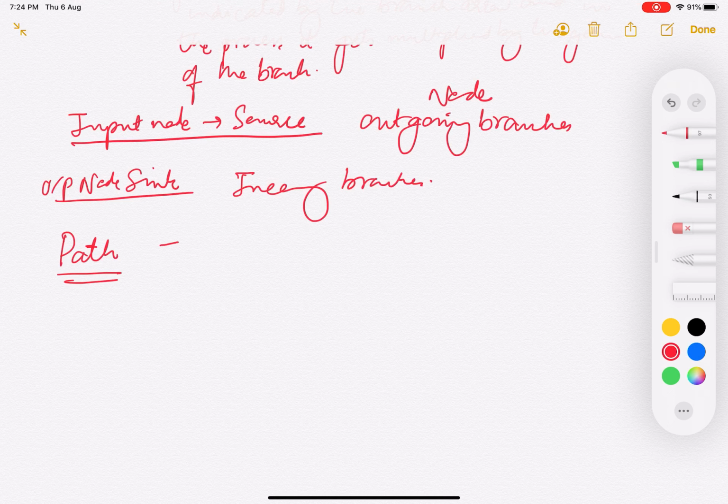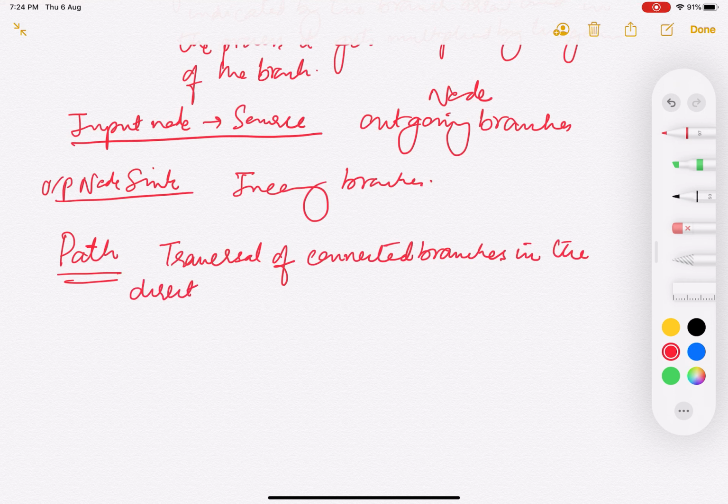So the definition of a path is this: traversal of connected branches in the direction of the branch arrows.